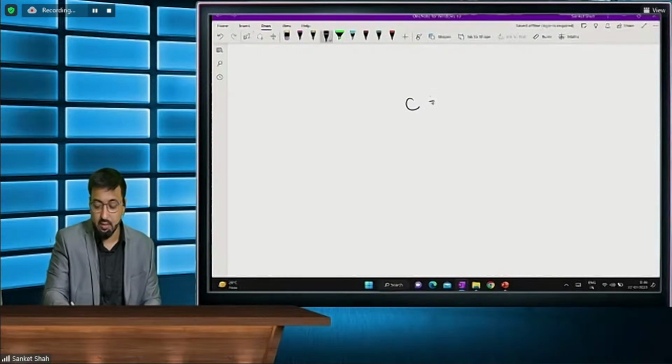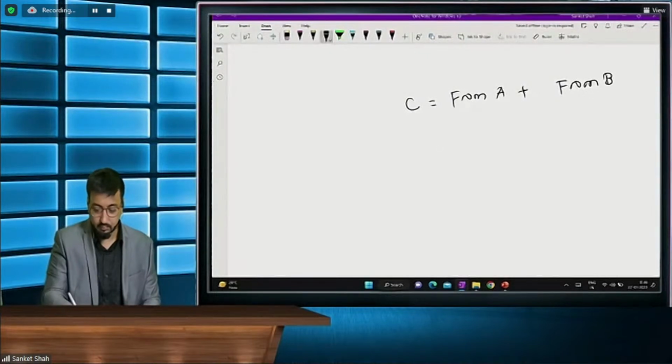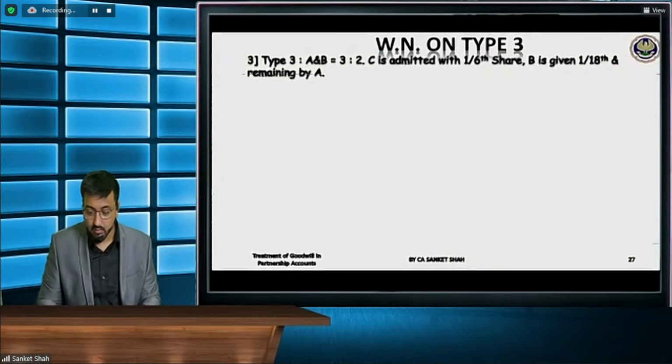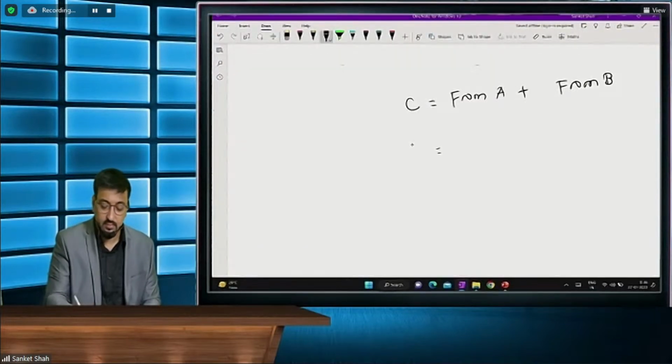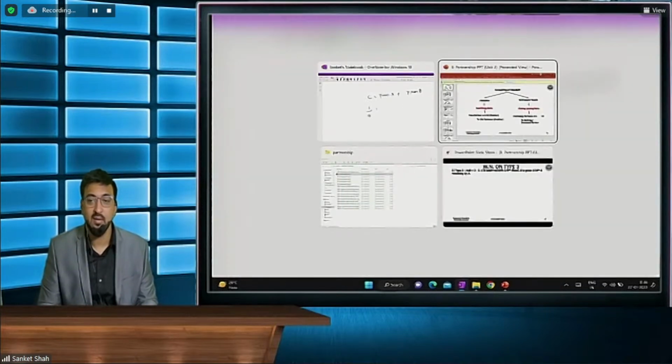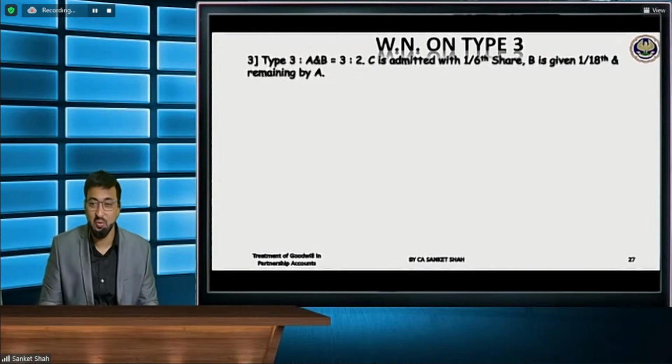C has been given from A and from B. How much did C get? C is admitted with 1/6. Now tell me, I just want to ask you one very stupid question.